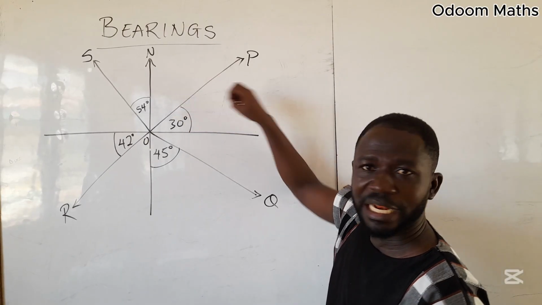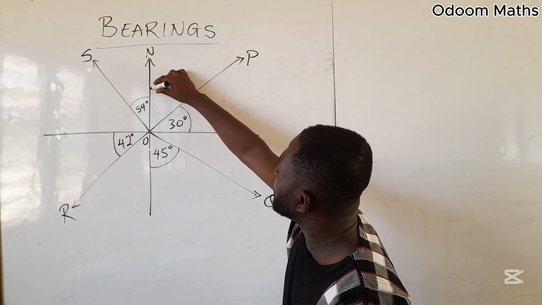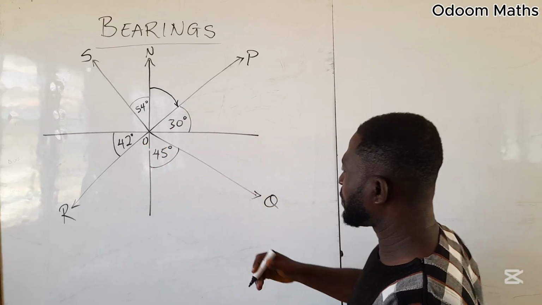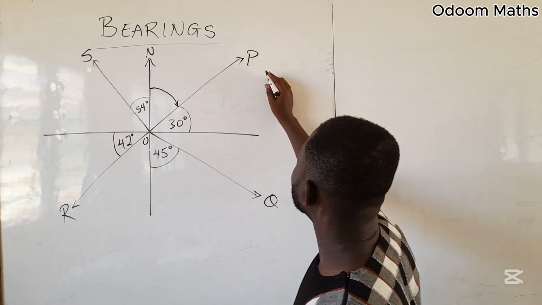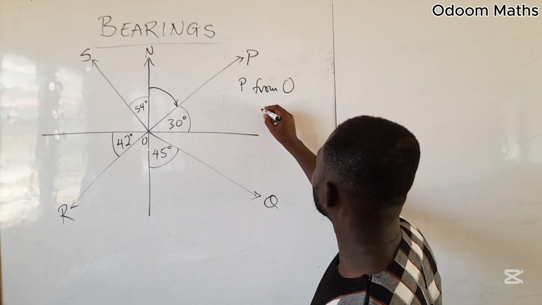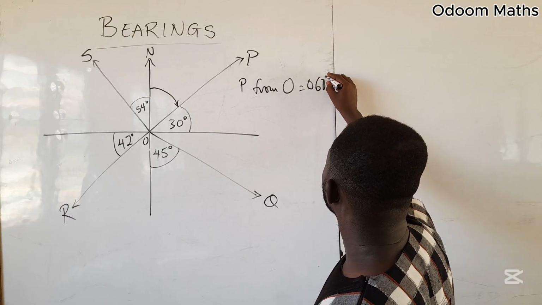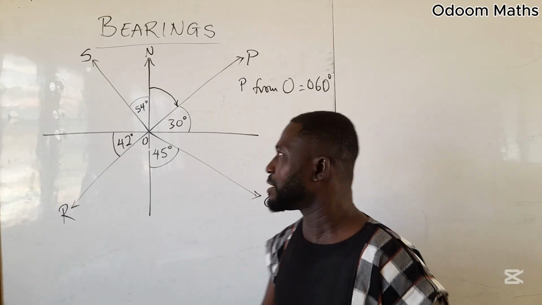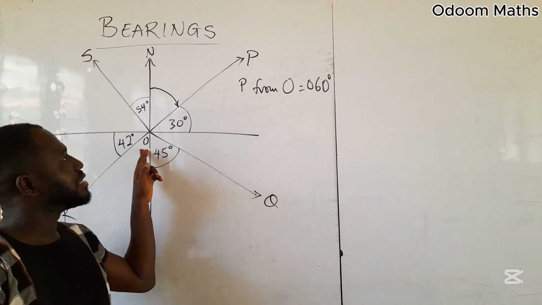So when this 30 is taken out, we get 60. So the bearing of P from O is 060 degrees.